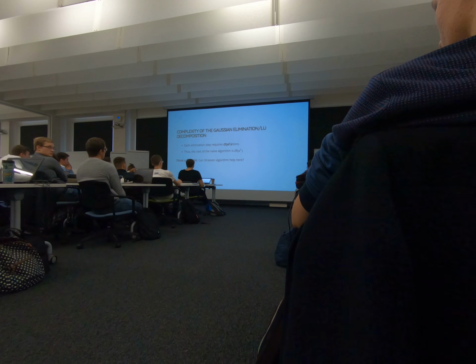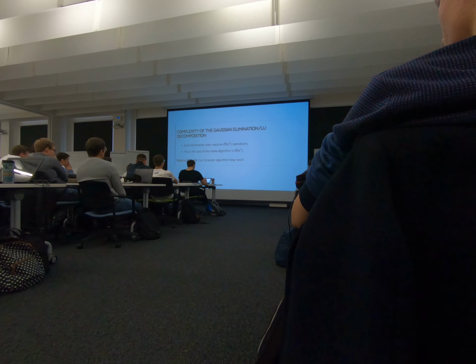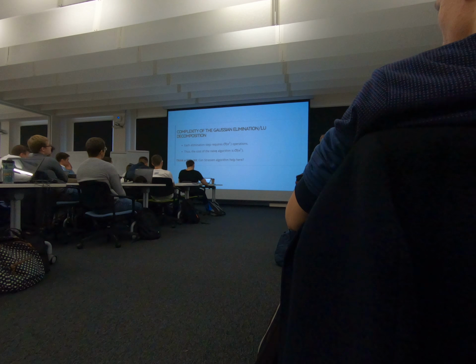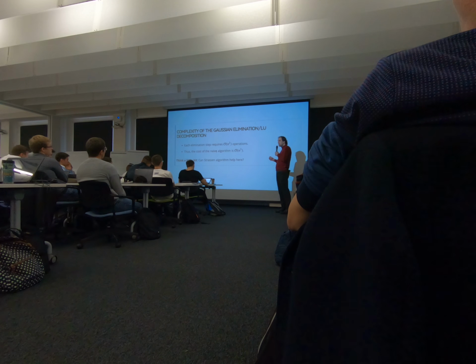So you do Gaussian elimination, but you do it for the matrix. You do not do anything with the right-hand side, and then for the right-hand side you just solve a linear system with a lower triangular matrix and an upper triangular matrix. And lower triangular and upper triangular matrices are examples of structured matrices.